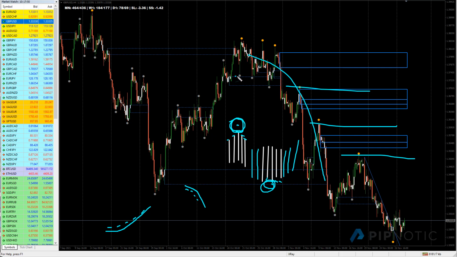Okay, and the fact that they are colored gray means that price has simply decided to no longer respect that price, and so these become obsolete and no longer valid to us within this price structure here. Okay, they will likely become relevant in the future when price returns to them.